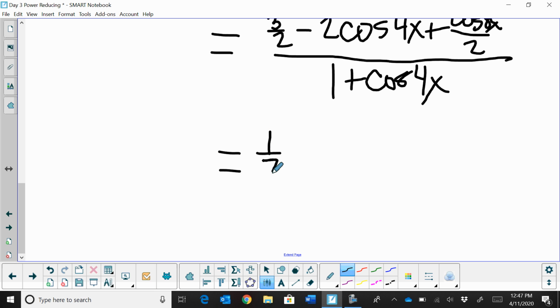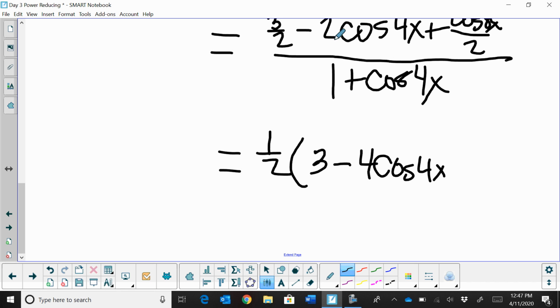If I factor out a half in front of my numerator, that leaves me with 3 minus 4 cosine 4x. Now let's stop for a second and look at that 4. If I divide 2 by a half, I get 4, because if you think about it and distribute it back in, that would be true.